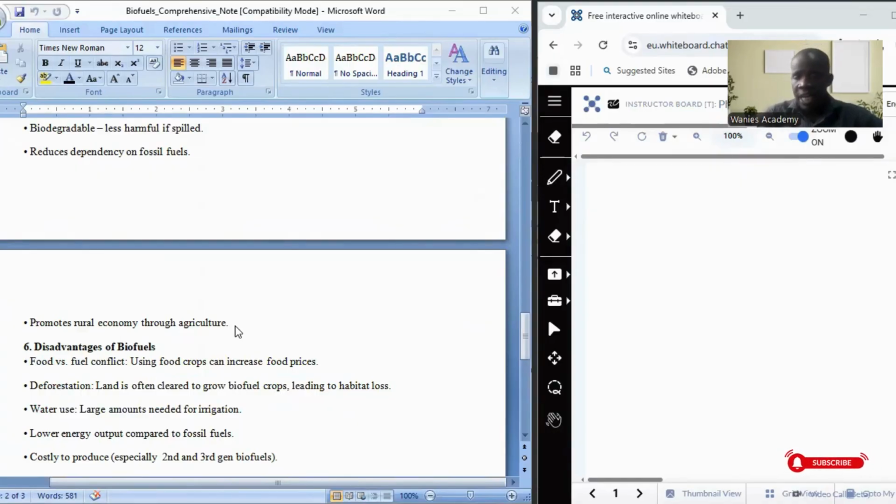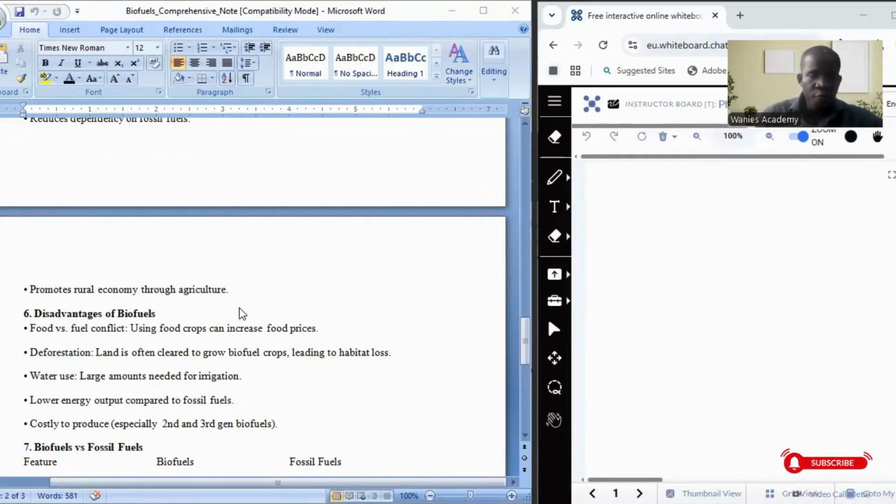Then finally, on a final note, we look at the disadvantages of biofuel. Food versus fuel conflict. It can result in a shortage of food. Then deforestation. Land is often cleared to grow biofuel crops, leading to habitat loss, which will in turn affect the ecosystem.